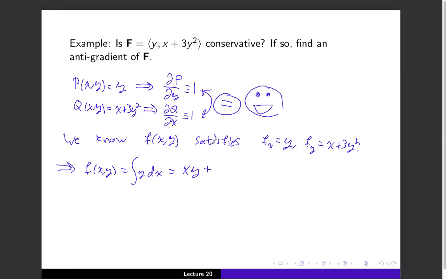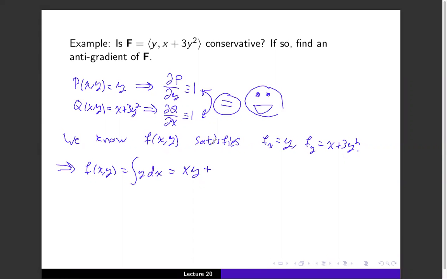When you took indefinite antiderivatives in Calc 1 and Calc 2, you had to add an arbitrary constant at the end because, hey, differentiation makes constants disappear. So there could be some constant there. But in this case, it's partial differentiation. And because it's partial differentiation, constants aren't the only things that disappear when you differentiate with respect to x. Functions of y disappear as well. So I can't just say it's a constant.